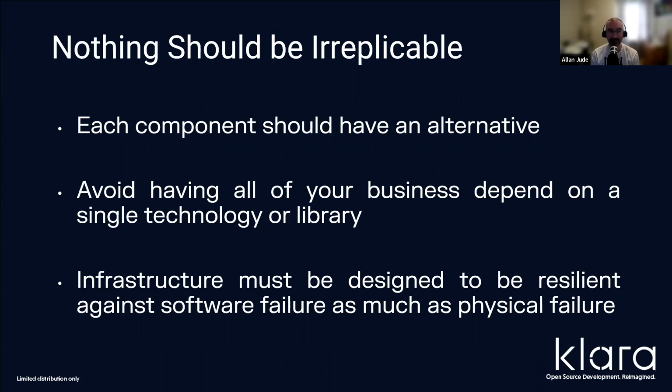So you want to avoid having all of your business depend on any one single technology or library or whatever it happens to be, so that ideally you're able to quickly adapt to the loss of any single component. And that things keep working as soon as that component goes away, not, you know, oh, we can rebuild it with a different component, but it'll take a while.